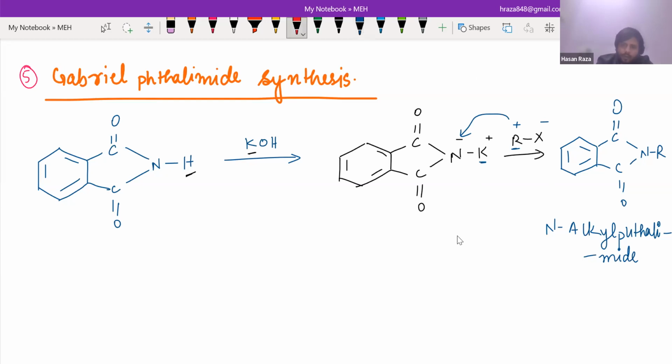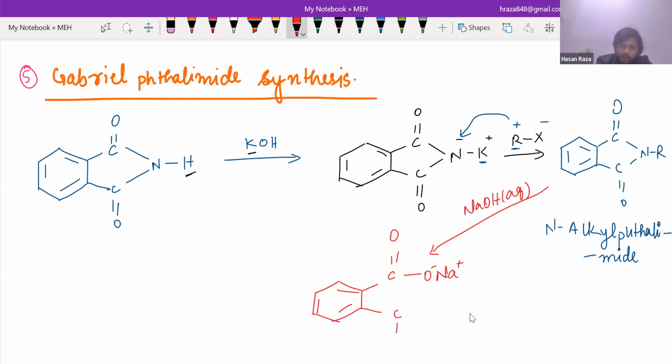Now, if you are going to react this part with NaOH aqueous, then you will be getting a primary amine. So you can see the byproduct that will look quite big. This is what your byproduct looks like.